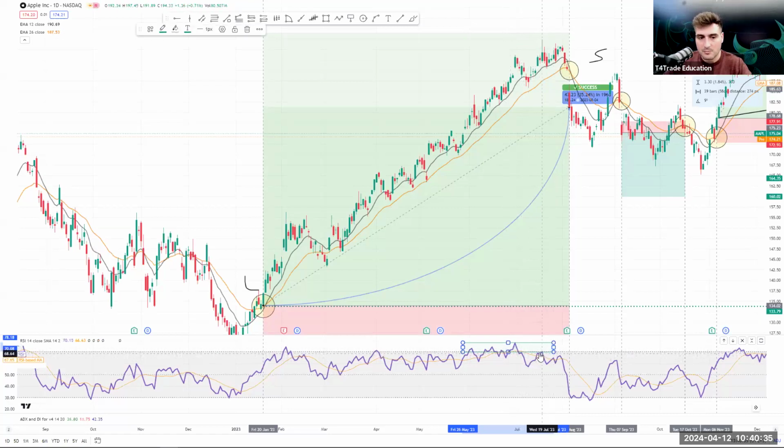level. In this case, it fails and it creates what we call a lower high. As you can see, at this peak here we have an RSI value of 75. And then you see the RSI forming the lower high, excuse me.